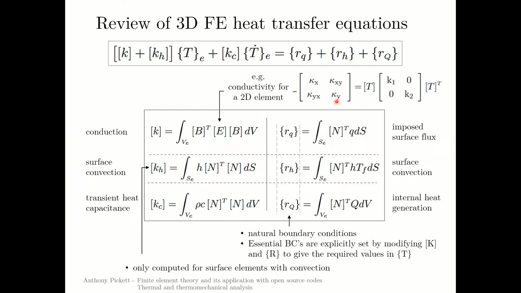So this is done, as I say, for all elements, and the usual assembly processes are done for the elements to give you the capital K stiffness for the structure. If we have surface convection, then we have this matrix which is computed over all of these surface elements where convection is applied.